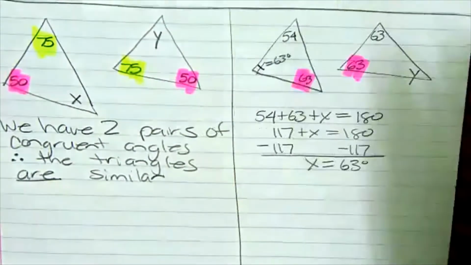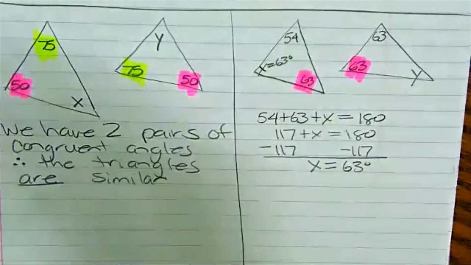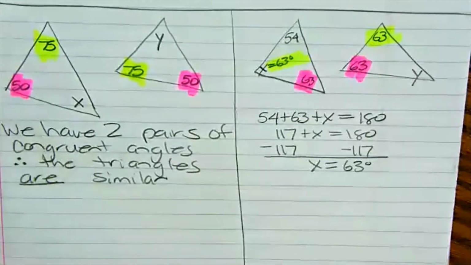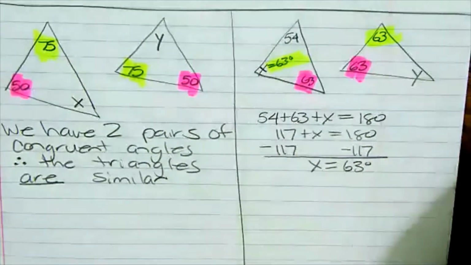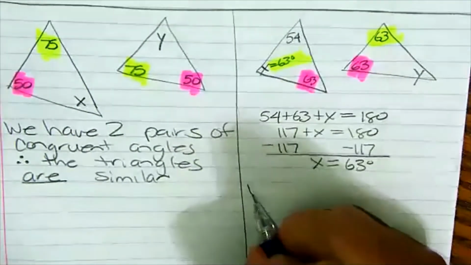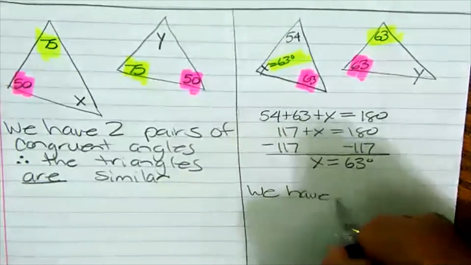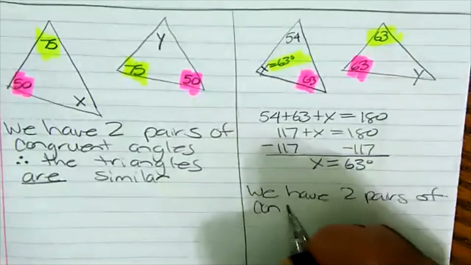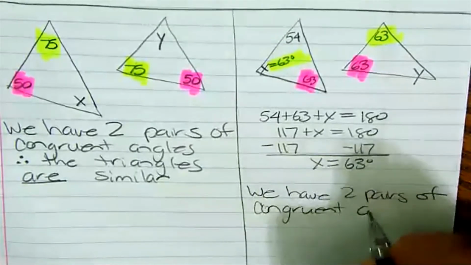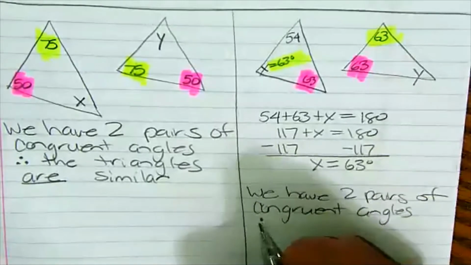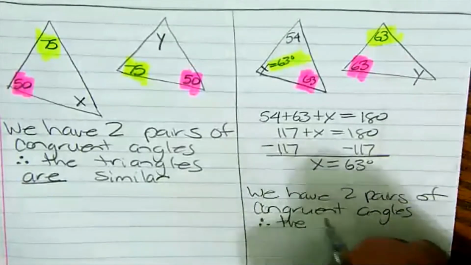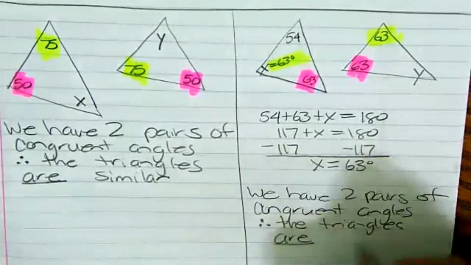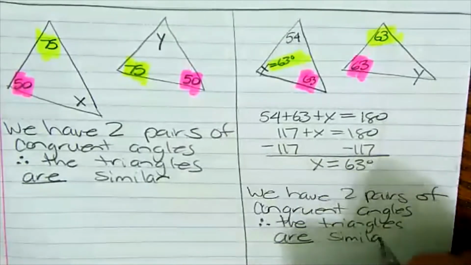Look at that, here is our second congruent angle. So we have two pairs of congruent angles. Therefore, the triangles are similar.